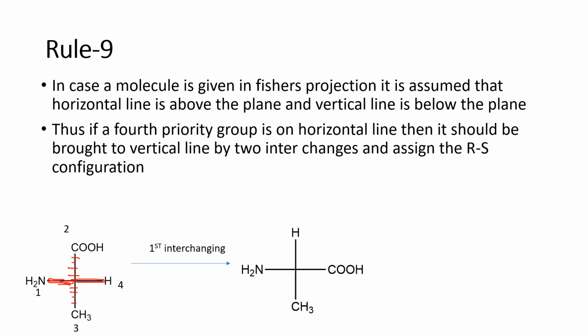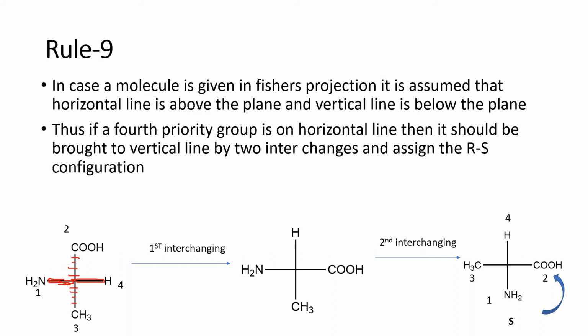It may be exchanged with the COOH or CH3, whatever it may be, that is your wish. In the second interchange, you should not touch the hydrogen that is now on the vertical line, and the remaining groups can be interchanged. Now assign the priority orders again and give the direction. Now you can see that it is in the anti-clockwise direction, therefore it is called S.